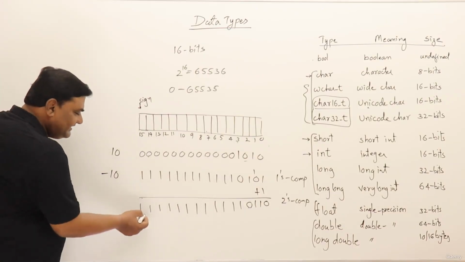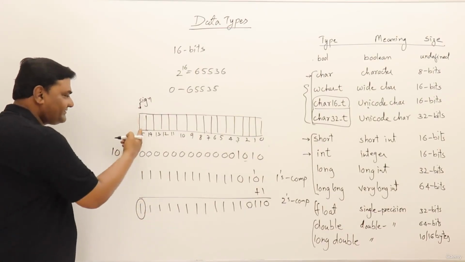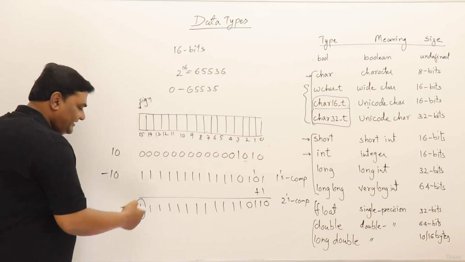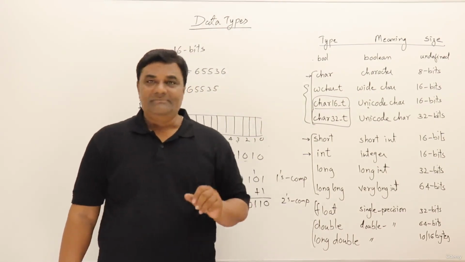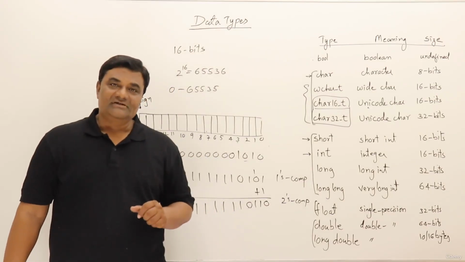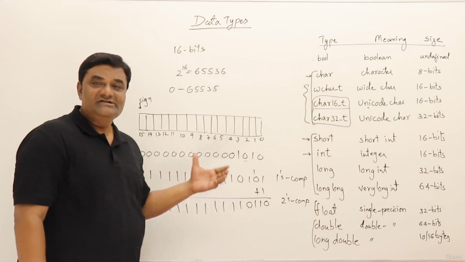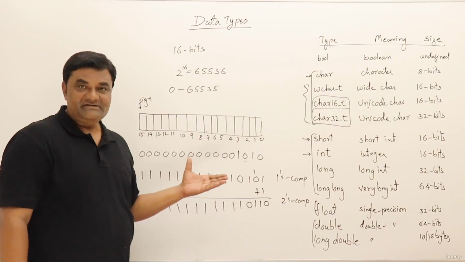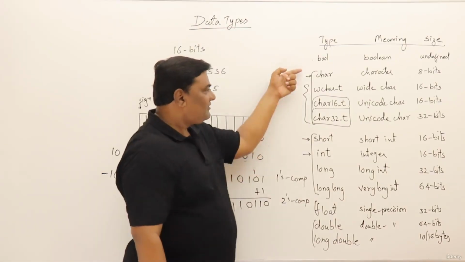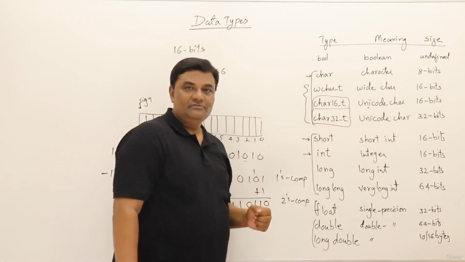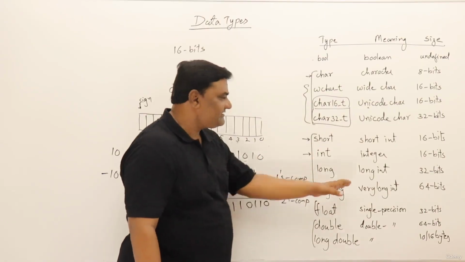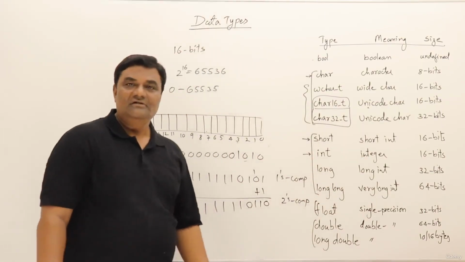So you can see that the leading bit, that is the first bit or most significant bit, is 1. So negative numbers are stored in 2's complement form. This is a very important thing one must know. What we have learned just now, the negative number representation, this is common for character data type also and all integer data types also. So all these are integer, just their sizes are different.